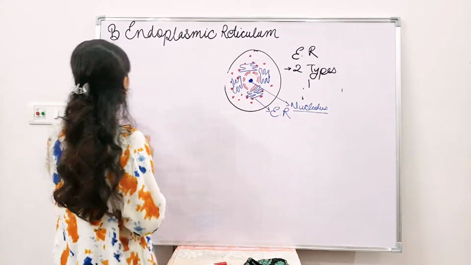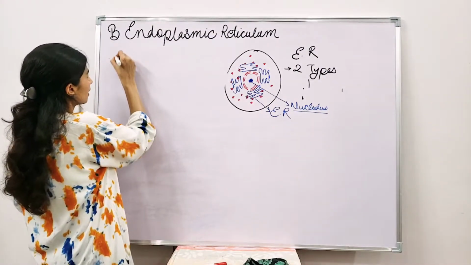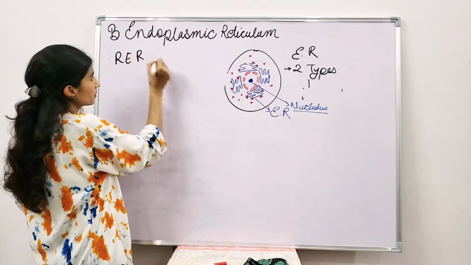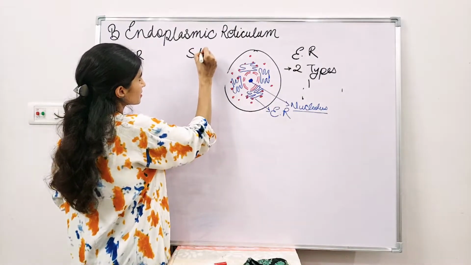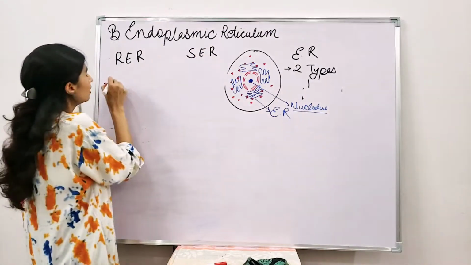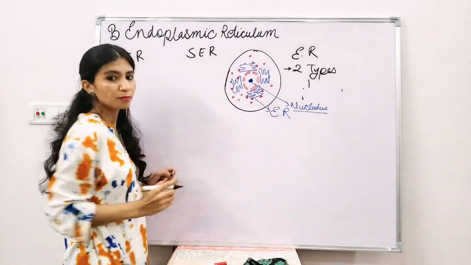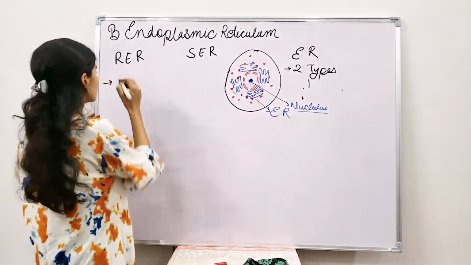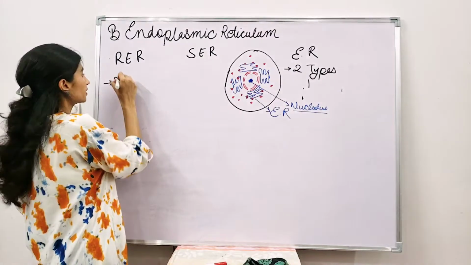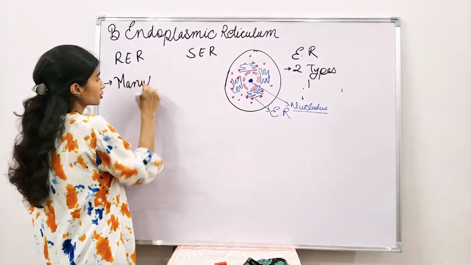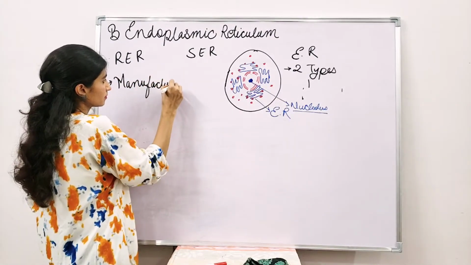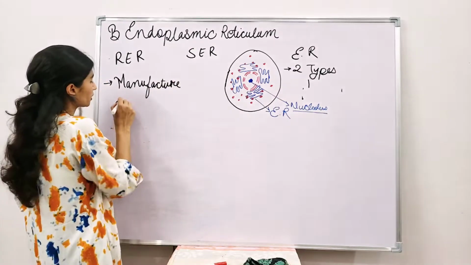Okay, now we have discussed that there is an RER, rough endoplasmic reticulum, and there is an SER. Rough endoplasmic reticulum, because of the arrangement of ribosomes, is involved in protein formation. So what it does is manufacture proteins.